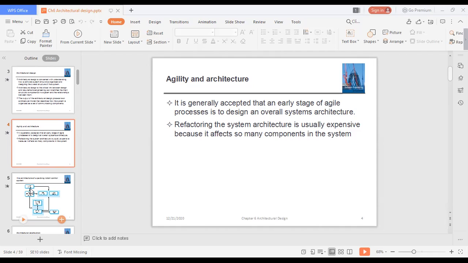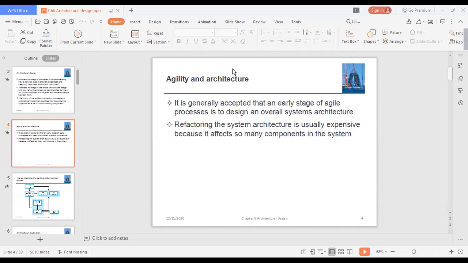Let us see architectural design, and this is software engineering. If we compare this with any other engineering, like we take an example of a building. We got the map, what we call the sketch provided by the architect.